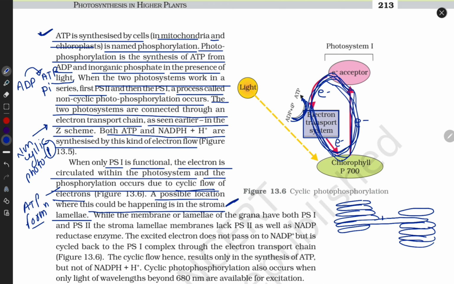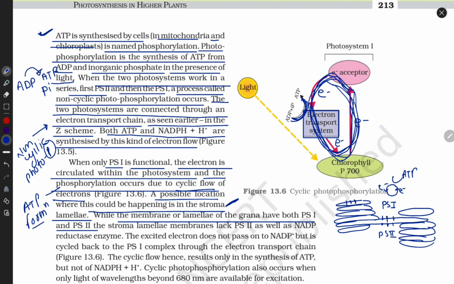Photosystem 1 is also present here. Photosystem 2 is present here. So this cyclic phenomenon occurs here. They produce ATP. While the membrane or lamellae of the grana have both photosystem 1 and photosystem 2, it does not mean that photosystem 2 is not here.